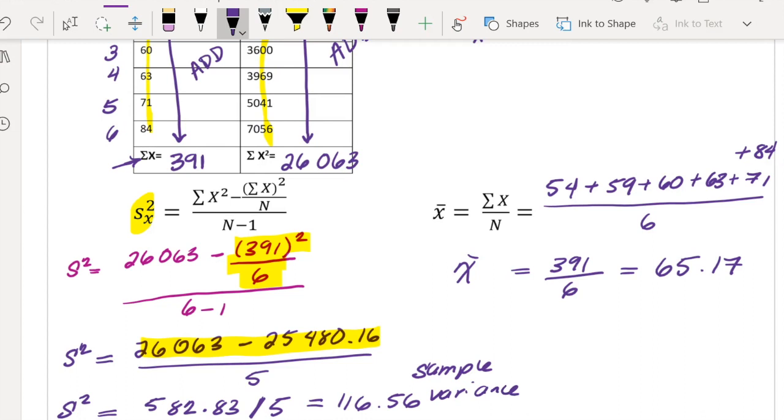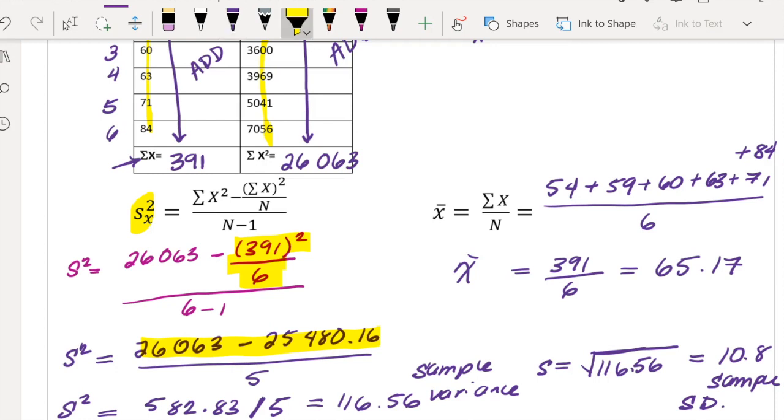To find the sample standard deviation, what I have to do is take the square root of 116.56, and this is going to be S. When I do that, I got 10.8, and this is the sample standard deviation.